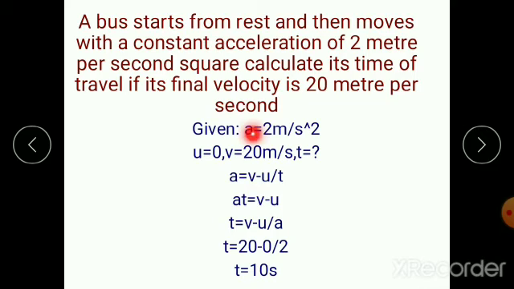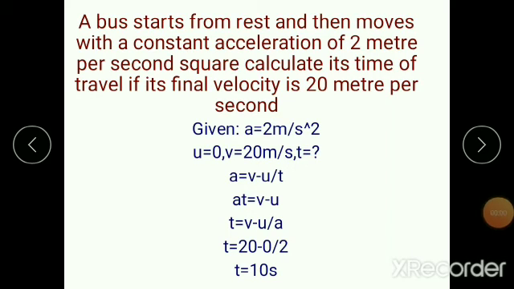So what is given? The acceleration is given, that is 2 meter per second square, and the bus starts from rest. That means the initial velocity u will be 0 and the final velocity v is given as 20 meter per second. You have to find the time of travel, t.